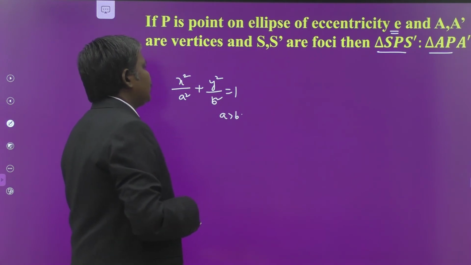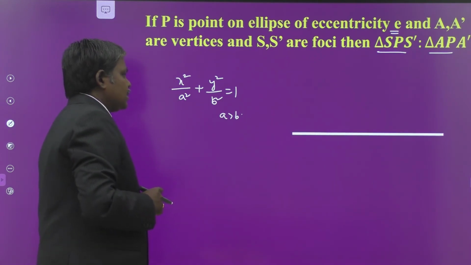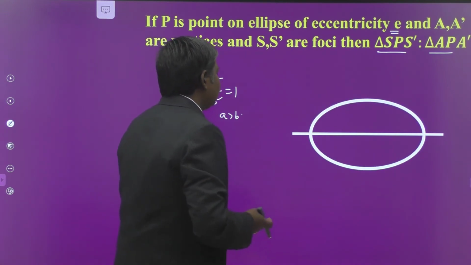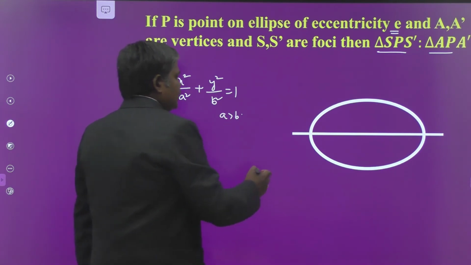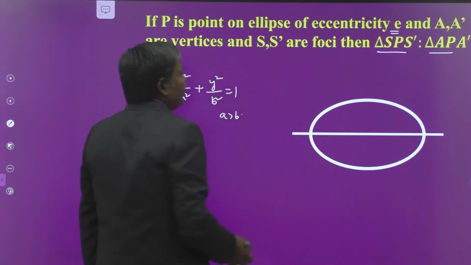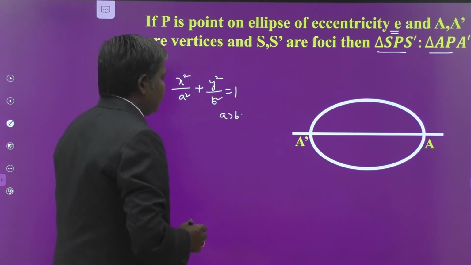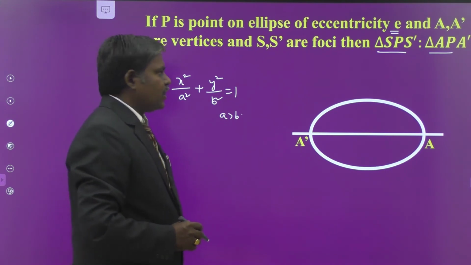Let us try to draw the diagram to the corresponding problem. This is the x-axis, this is the ellipse. The x-axis is your major axis. So you have the vertices A and A dash, another vertex of the ellipse as shown in this figure.